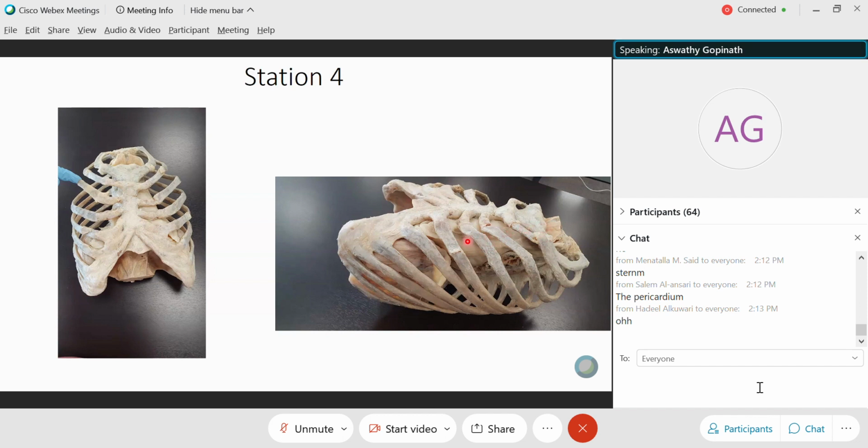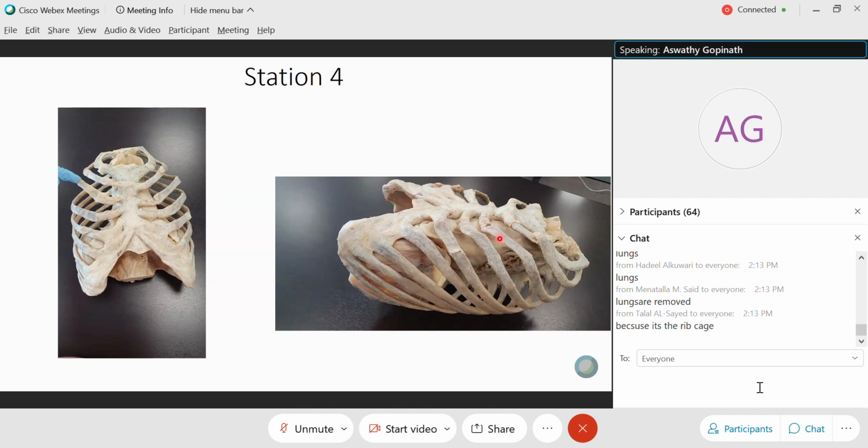Agreed? Now, why is this region hollow? Supposed to have the lungs and ribs, but they are not there, they are removed. So on either side you will have the lungs, and then you will have a midline partition or cavity which you call the mediastinum, which is actually what you see here, the heart with the pericardium.